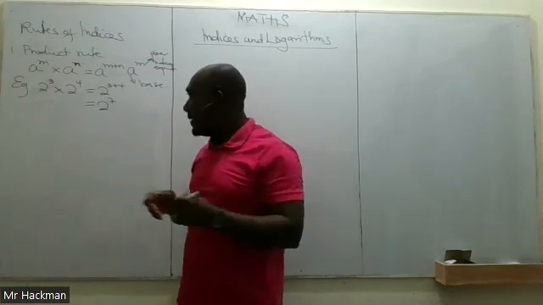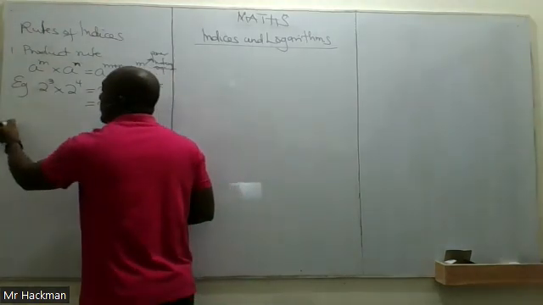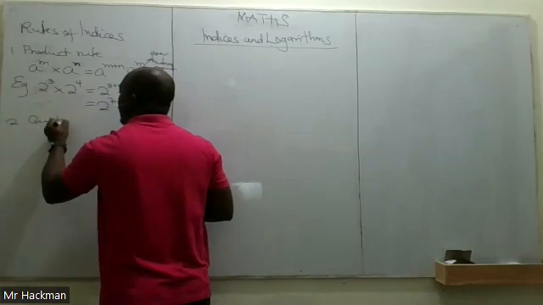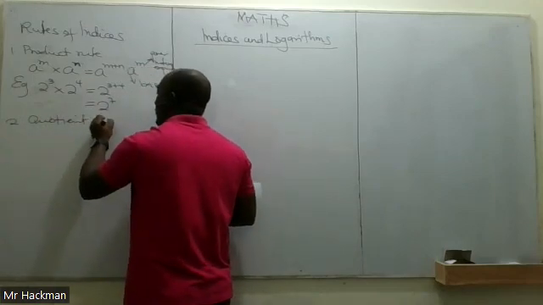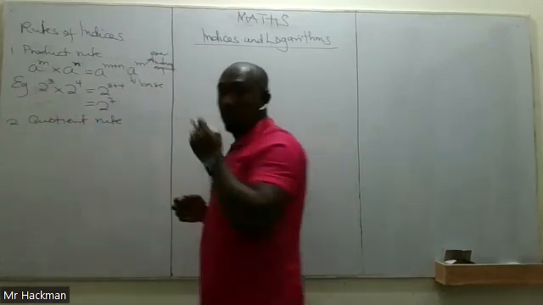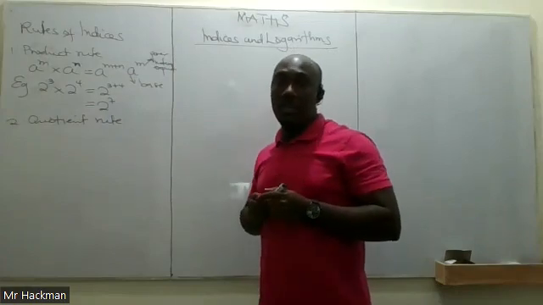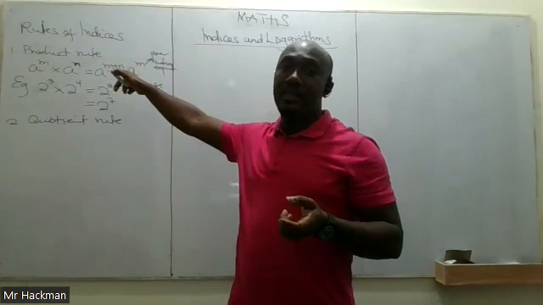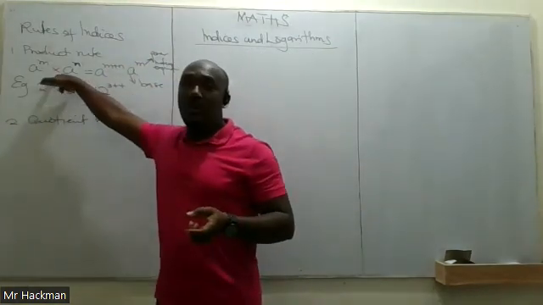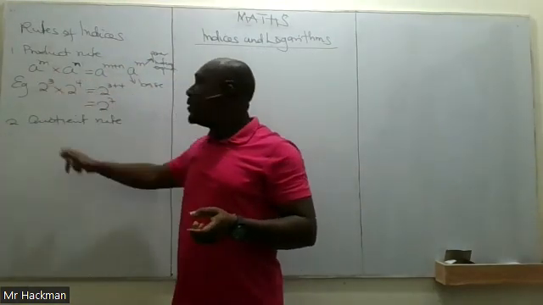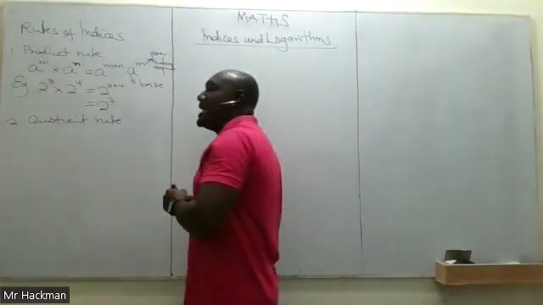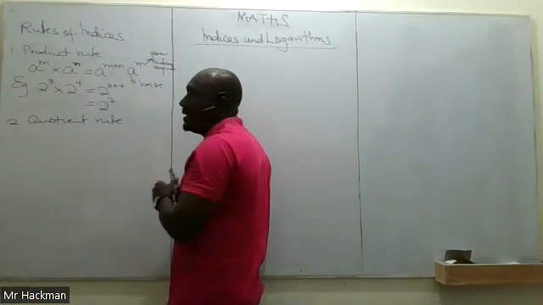Yes, please. Very good. Now the second rule is what we call the quotient rule, the quotient or division rule. You can see product gave us the multiplication symbol. Now quotient will be, you have a numerator and a denominator, so that has to do with division.